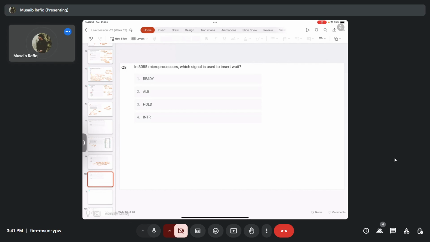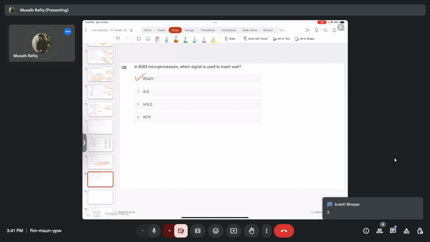It's option 1, ready. Basically, this ready signal is used to delay the microprocessor read or write cycles until the slow responding peripheral is ready to send or accept data. When this signal goes low, the microprocessor waits for an integral number of clock cycles until it goes high.